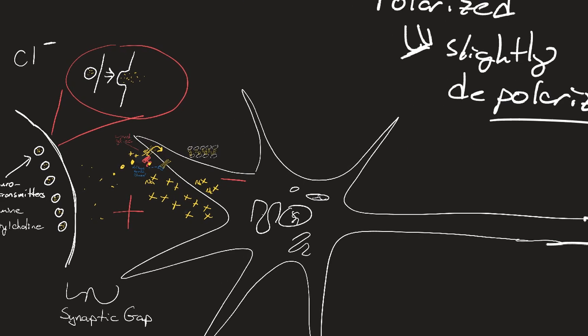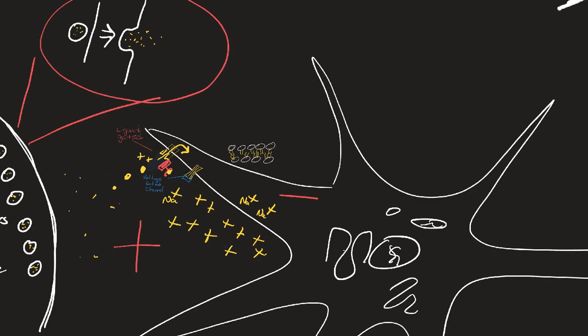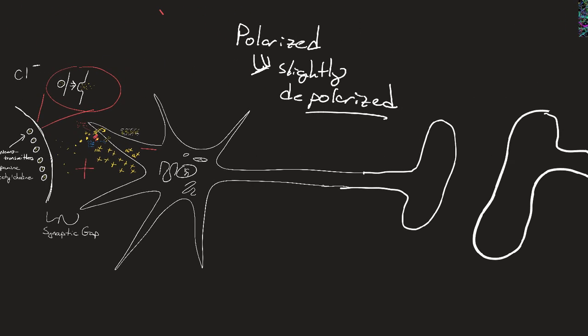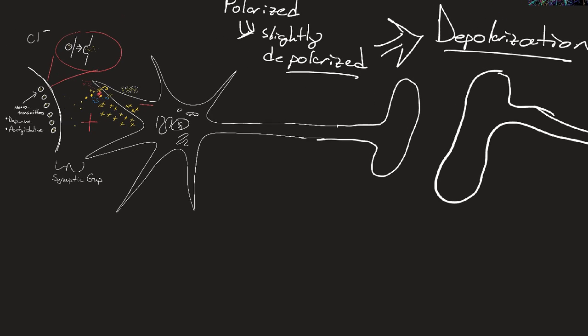Because of that, if enough of these ligands bind to enough of these ligand channels, you get enough of this change in volts, then this gate opens. And what you have is a rush, and you have true depolarization. And that goes on all the way across the membrane of this cell, all the way down the axon.